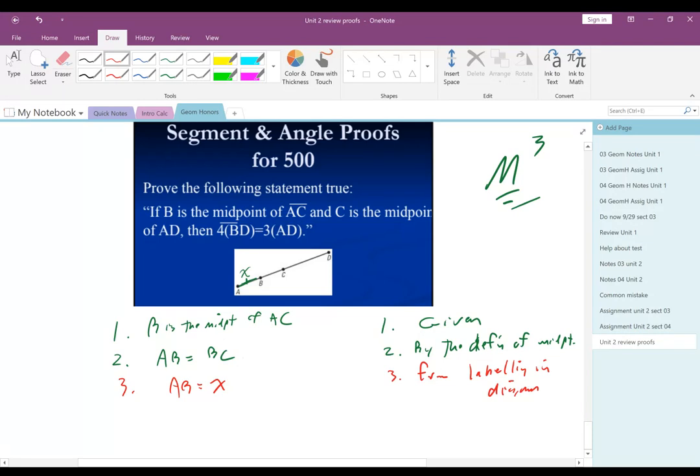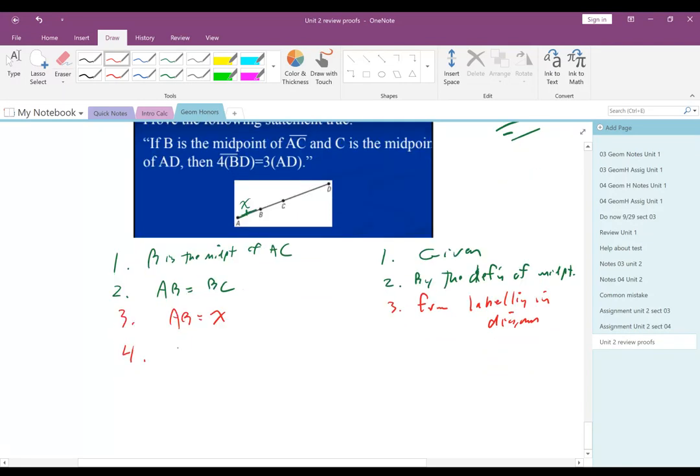So therefore, BC also equals X by transitive property of equality, right? Because AB is equal to 2 different things, BC and X. So those 2 things are equal, right? You can see how this takes a lot of steps just to say what you kind of know, right? But we've got to say it. So now both of them are X.